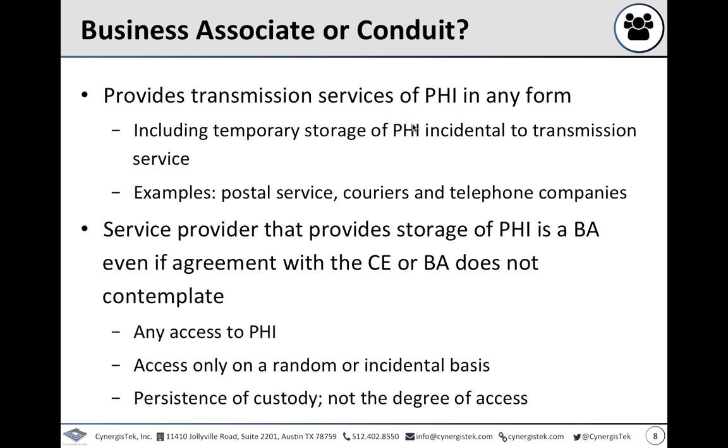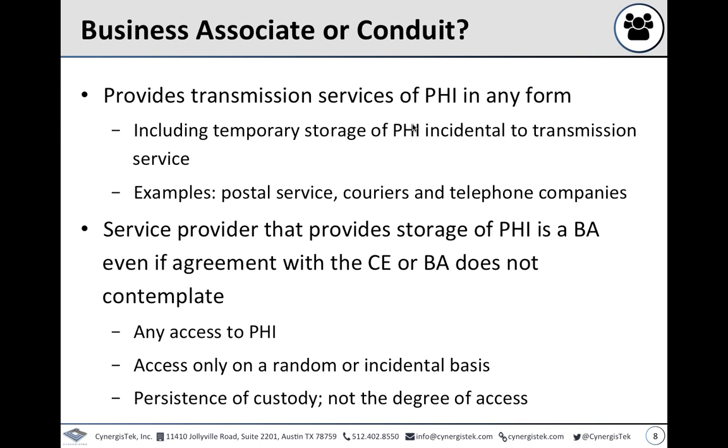As we know, when you use Google, Google creates a copy of emails and other materials that are transmitted through their services, and in fact, whether or not they access the information, they do maintain a copy, they store it, and it's retrievable for you as a part of the service. And for many years, Google would not offer business associate agreements.